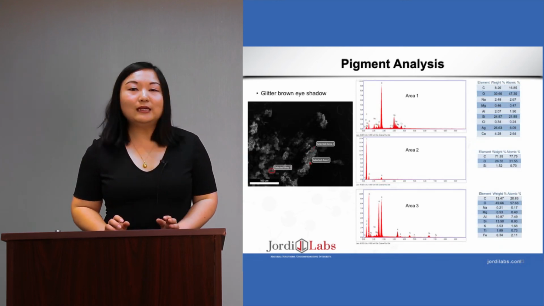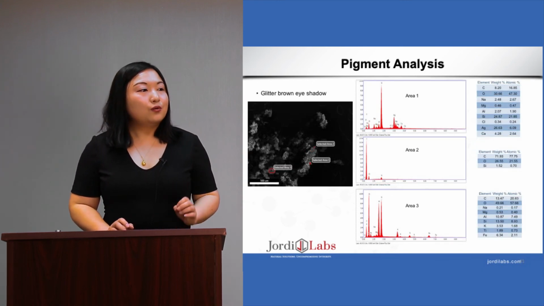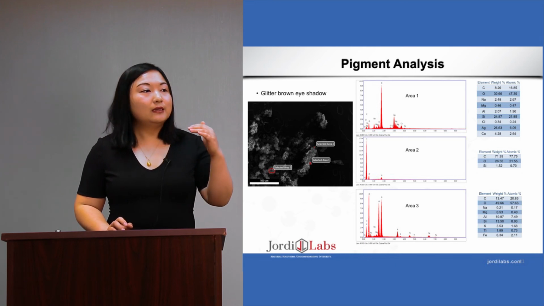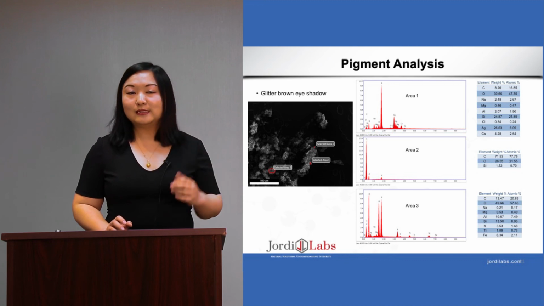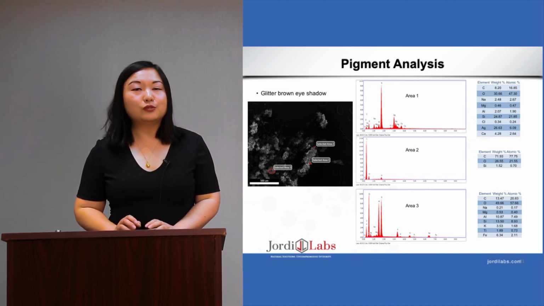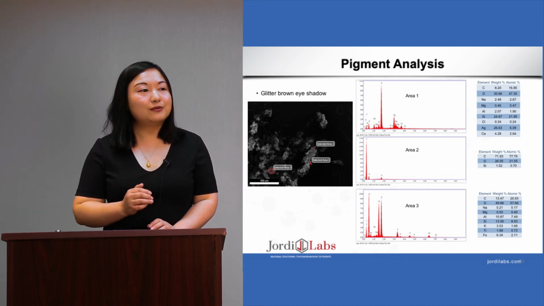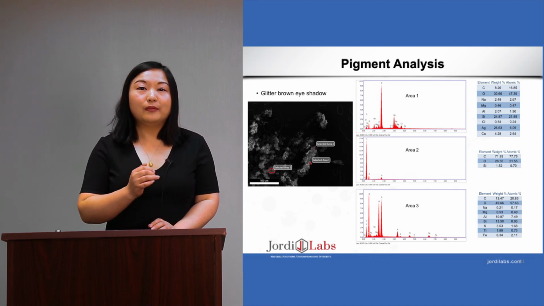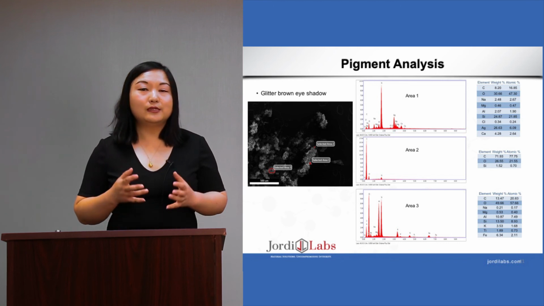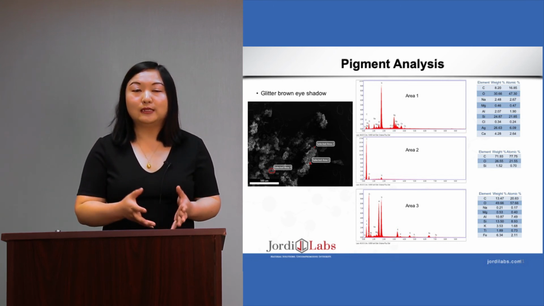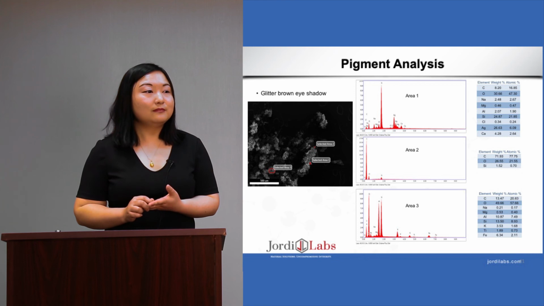Next is the glitter eyeshadow. So again, we picked 3 representative areas and did the SEM EDAX analysis on these areas. And what we observe is that these areas are actually not so identical. They're pretty different from each other. So this is the indication that the product is not homogeneous.